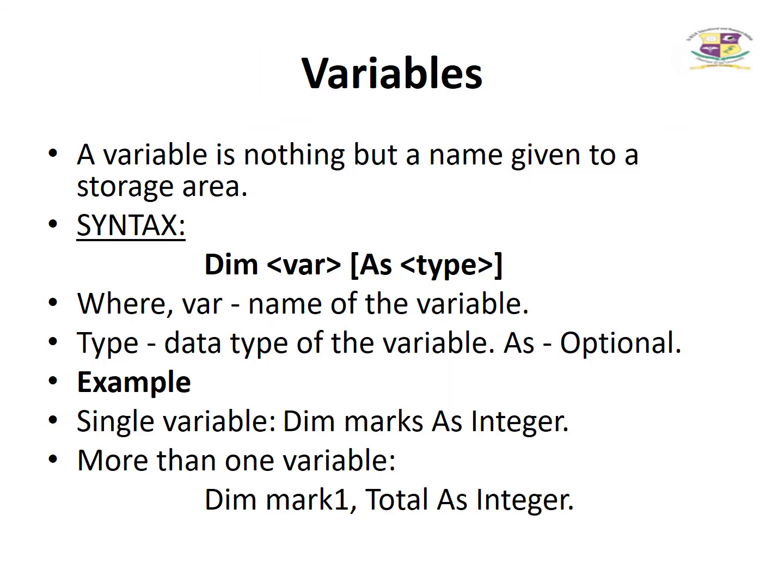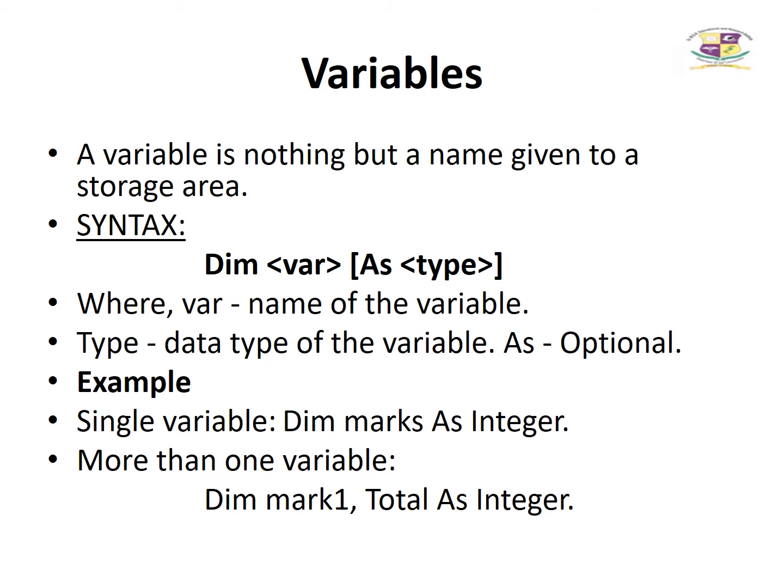Variables. A variable is a name given to a storage area. The syntax for a variable is DIM var AS type. Var indicates the name of the variable, type indicates the data type of the variable. An example has been given for a single variable and more than one variable.